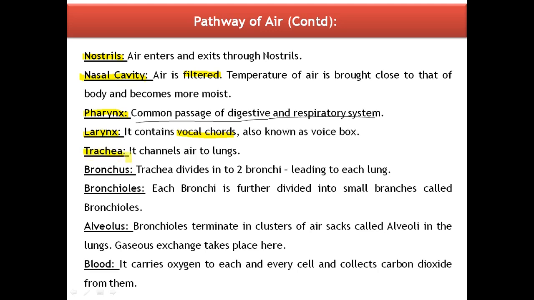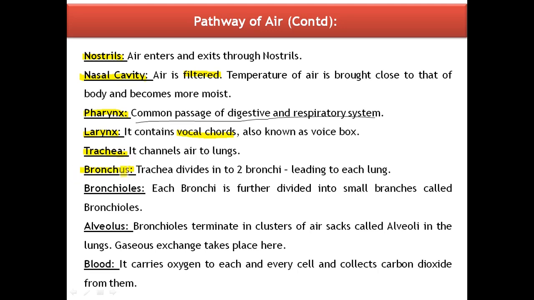Then trachea. This is also known as windpipe, which is a tube-like structure, and it passes air into the lungs. The rings of cartilage present on the trachea prevent it from collapsing during exhalation. Bronchus.